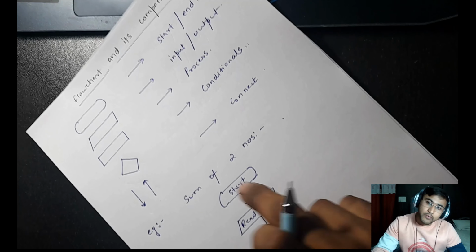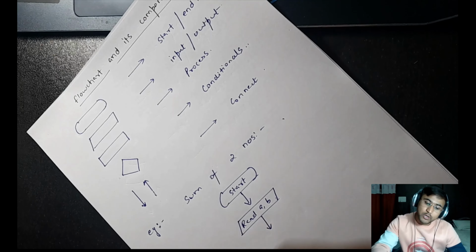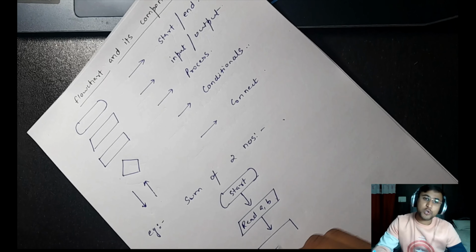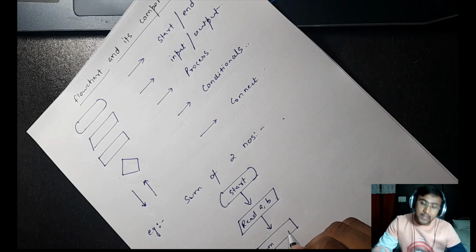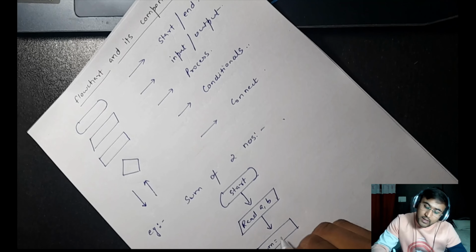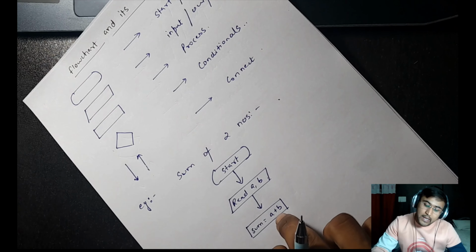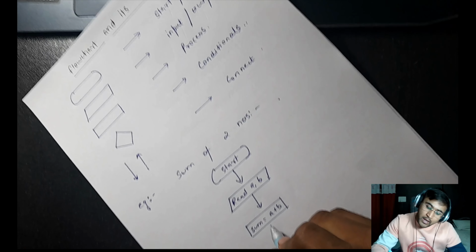What process we need to do? We need to add these two numbers. So for processing these, we use the process block. So rectangle is our process block. In this, we are making one variable by the name sum, and we are storing a plus b in it.